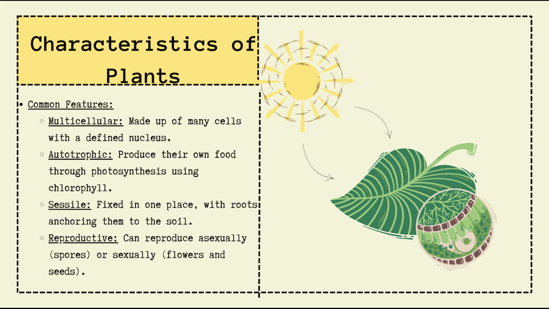Plants are sessile, meaning they are fixed in a place rooted in the soil. And importantly, plants reproduce either asexually through spores or sexually using flowers and seeds. These features make plants essential members of the living world.